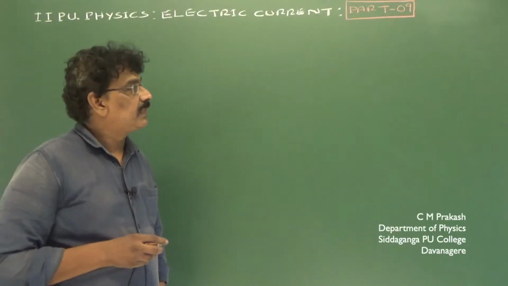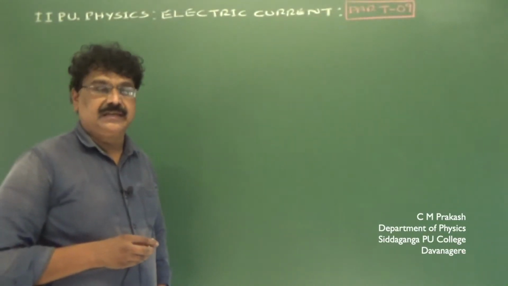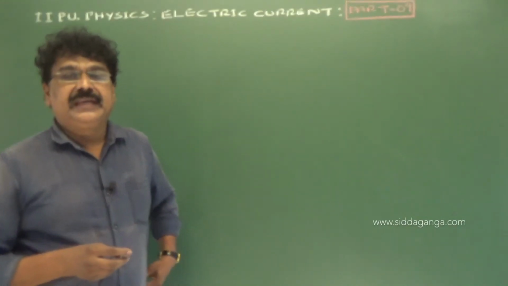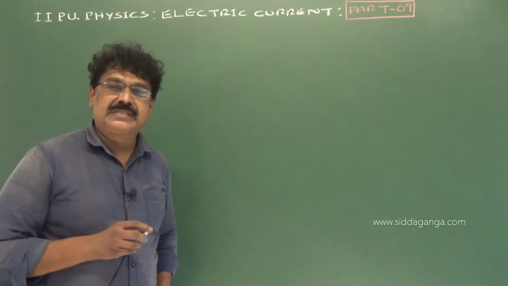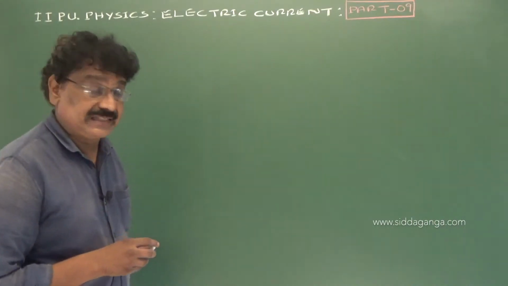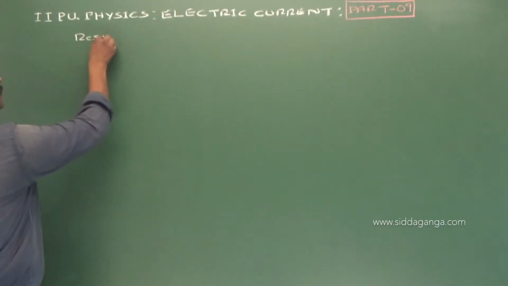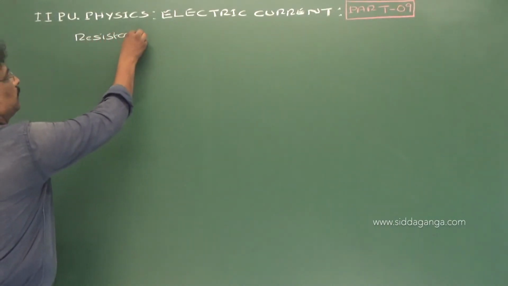Today we are going to discuss part 9 of current electricity. Here we are going to discuss resistors.